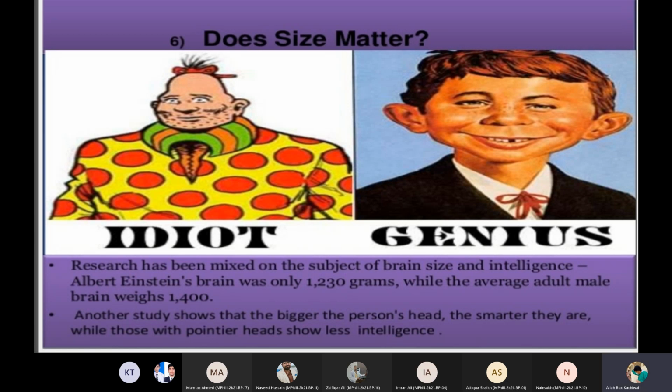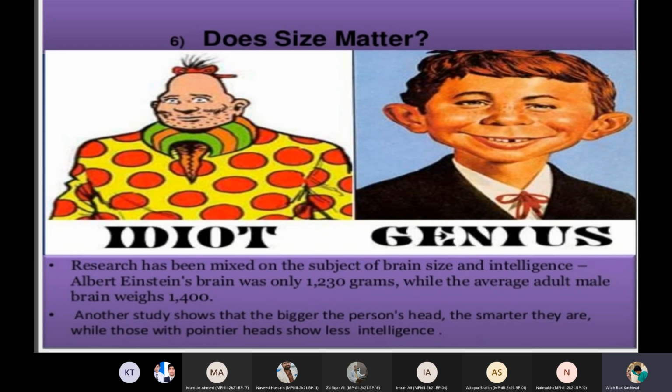So this depends again on the use and the activity of the brain, or the person who is taking actions and even practices in different areas, he will be the expert. So intelligence is not depending on the size of a brain.